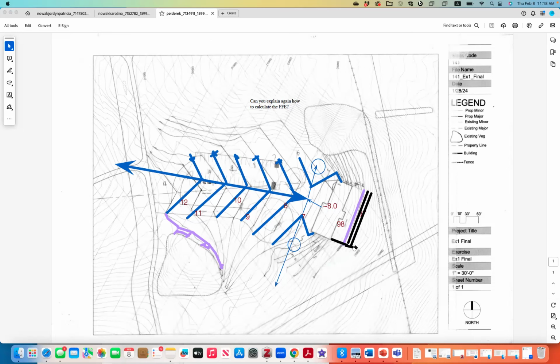Sorry, starting over. One zero here. Yeah, your building is probably a little bit too close to the property line.